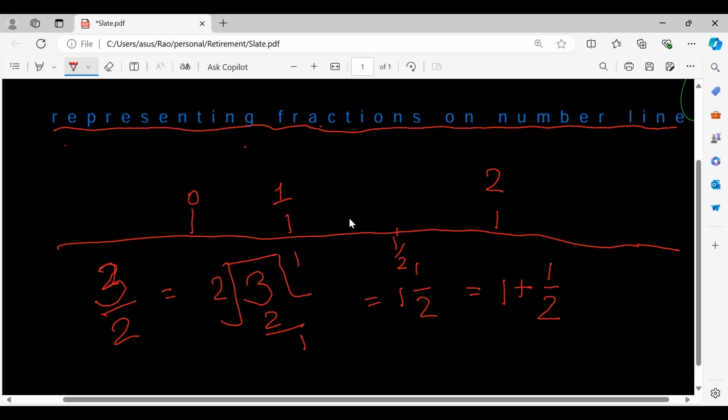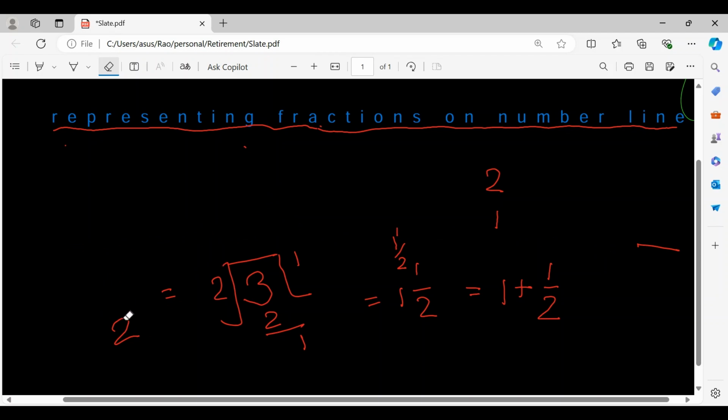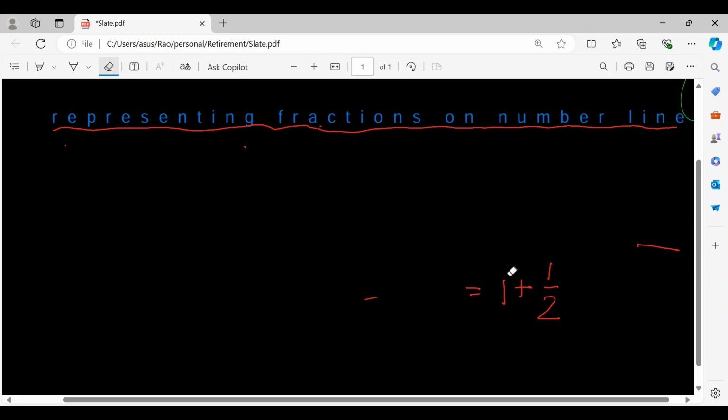And the third scenario I am now considering is a slightly bigger number, because I want to clear your concept of how to represent that on the number line. If your concepts are crystal clear, then you can represent any number on the number line.